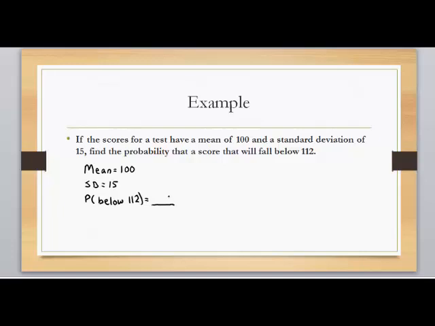Now I want to work this problem using the standard normal distribution curve. The first issue that I have with that, however, is that I know that the standard normal distribution curve has a mean of 0, and it has a standard deviation of 1.